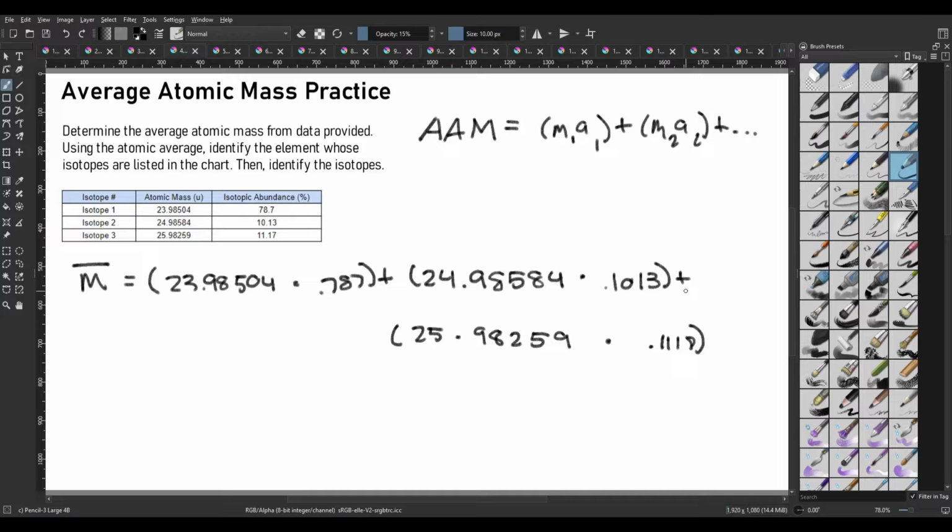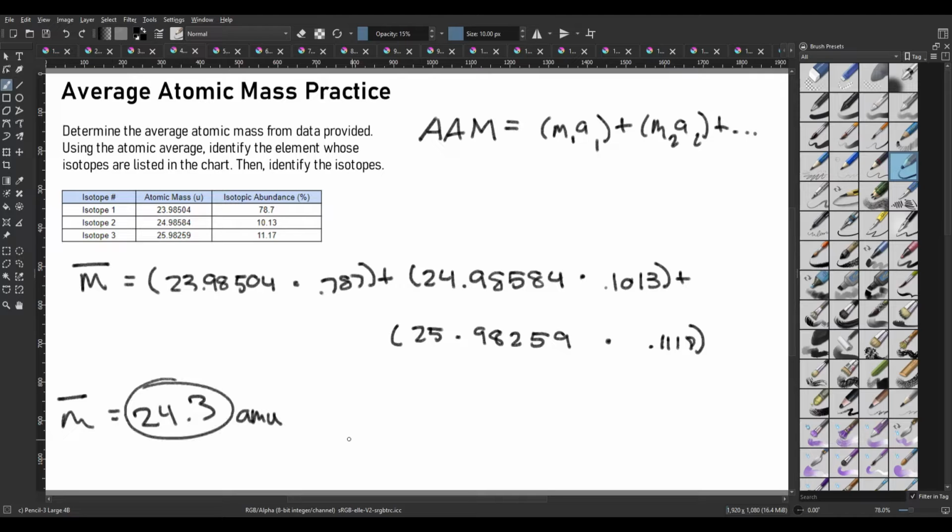We get that, we're going to get an average atomic mass. We're going to round to 3 significant figures because that's what we have up here, of 24.3 AMU. This is our average atomic mass. Let's make sure we put a unit on that. AMU, or you could just do U there. It's the same thing here.